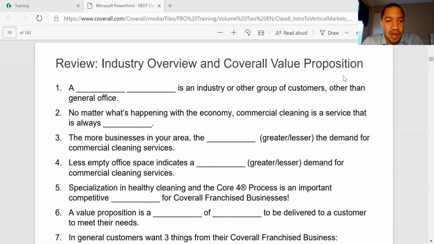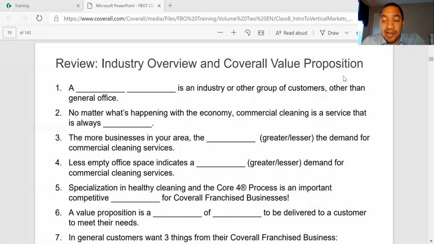A vertical market is an industry or other group of customers other than a general office. No matter what's happening with the economy, commercial cleaning is a service that is always needed. So you always have to have commercial cleaning. I don't care what's going on.